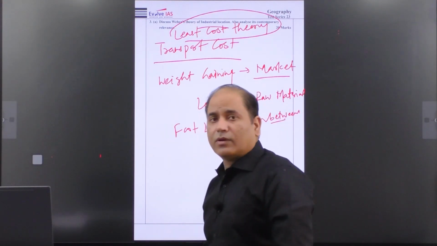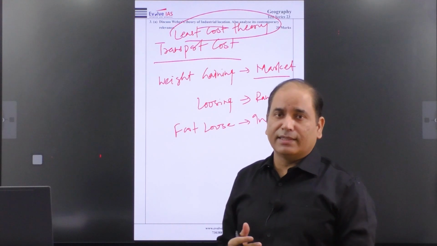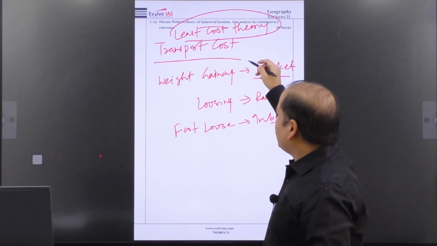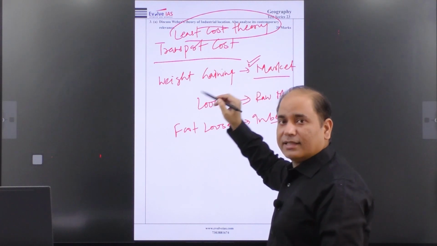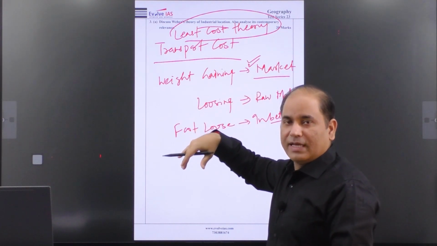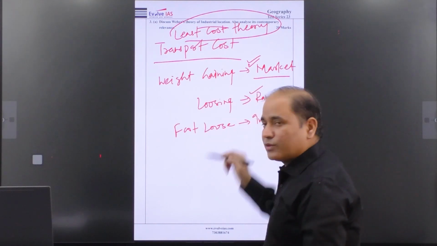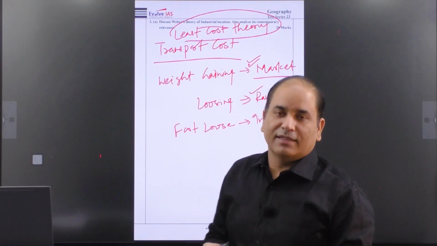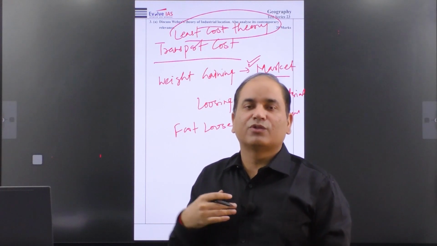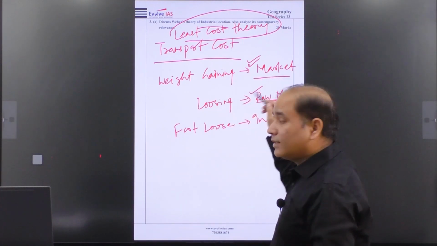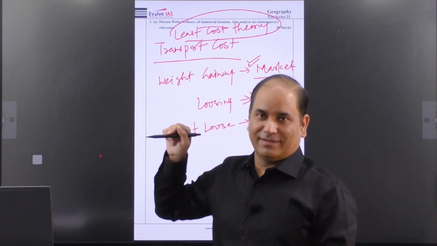In fact, if you look out, most of the breweries industry, most of the distillery industry, even till today, is located near to the market. When you look out, most of the metallurgical industries, iron and steel industry, sugar industry, you will find that these industries are located near to the raw material.